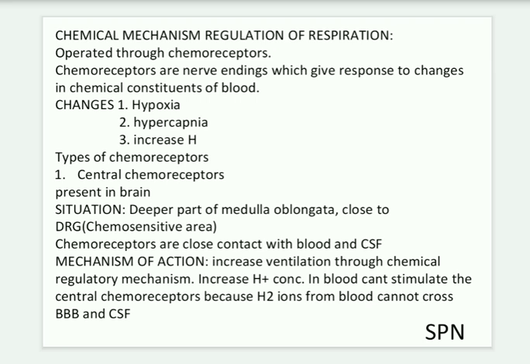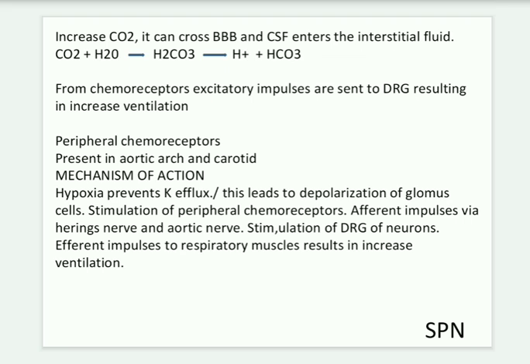It can also increase the carbon dioxide in blood, that is hypercapnia. Carbon dioxide can cross the blood-brain barrier and CSF and then enters the interstitial fluid. Then it gives rise to the equation: carbon dioxide combining with water forms carbonic acid, which is unstable, that is H2CO3, and gives H plus ions and bicarbonate ions.